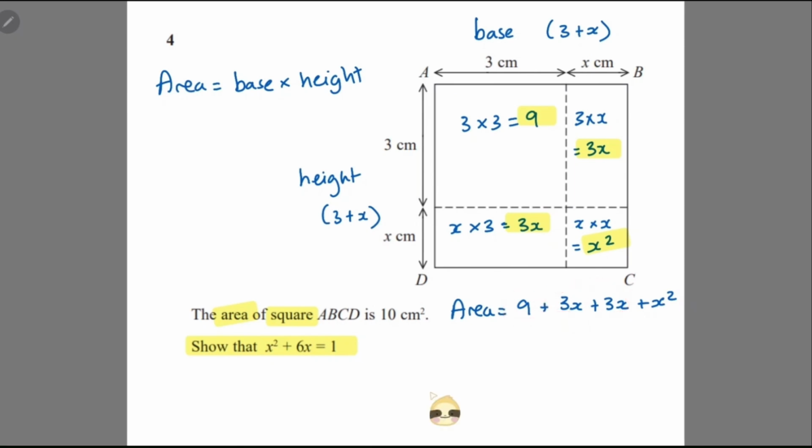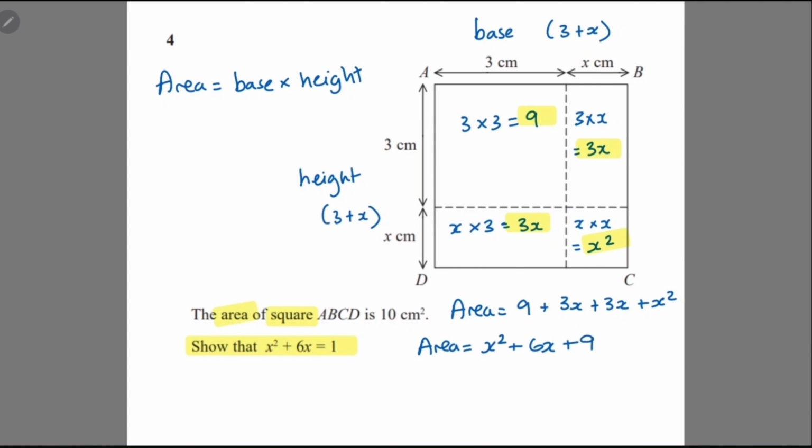So this would look like this: area equals x squared. Now we can combine these two because they're like terms, they both have just x's on them. So we can write those two as plus 6x, and then we have plus 9.